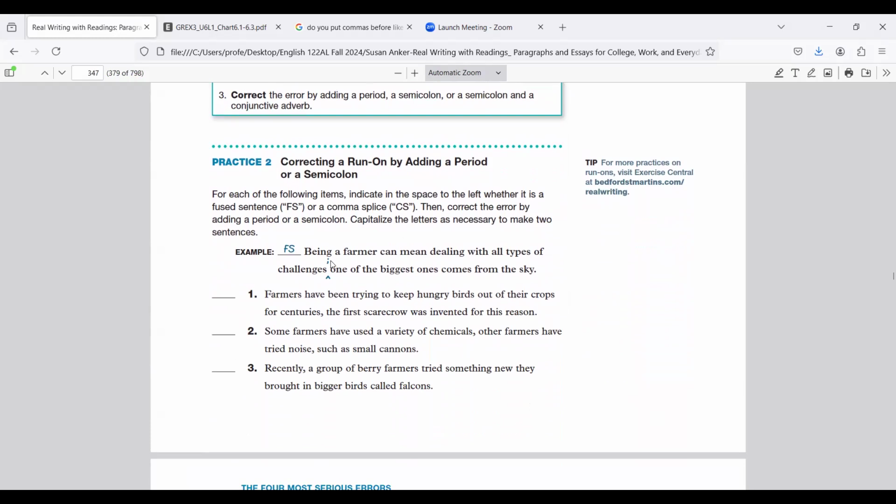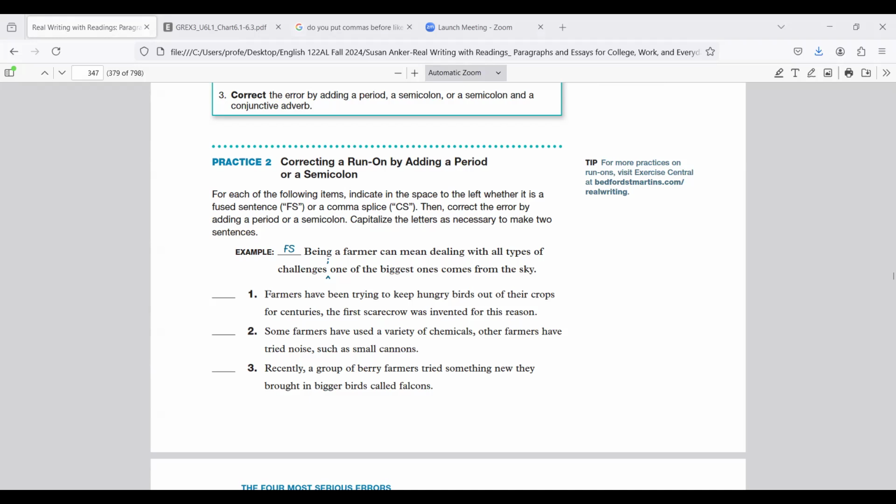Let me go here, because I wrote the instructions a little differently because it doesn't really work in the book. For each of the following items, indicate in the space whether it's a fused sentence or a comma splice. So all of these are wrong. All of these are run-ons.